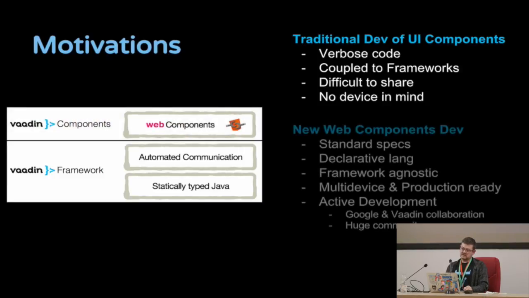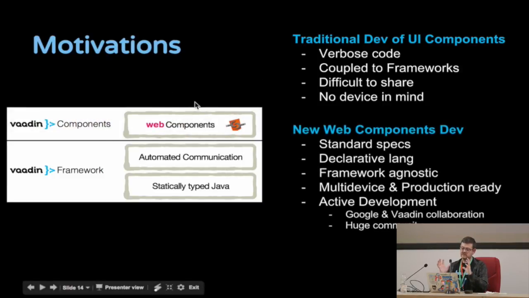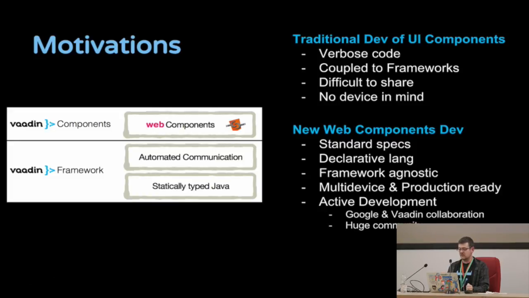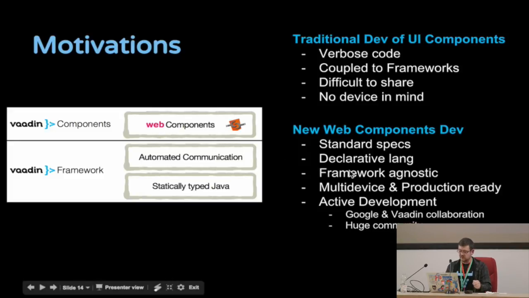But Vaadin said, why don't we replace our components with web components, with the standard specification. If we do that, we are going to follow standard specifications. We have a declarative language, as we have seen.